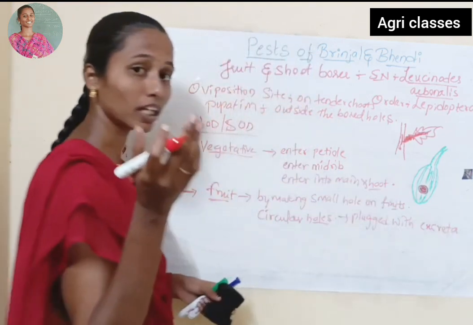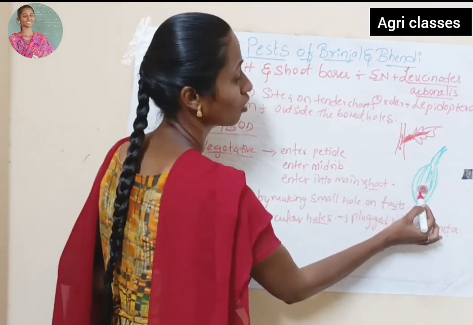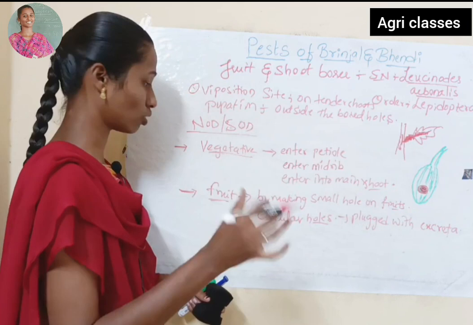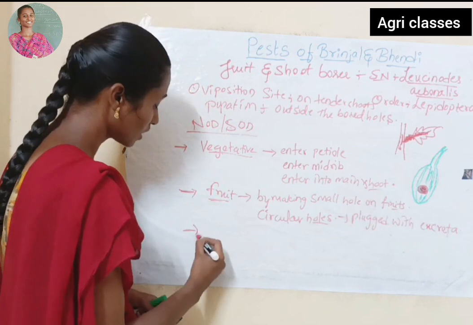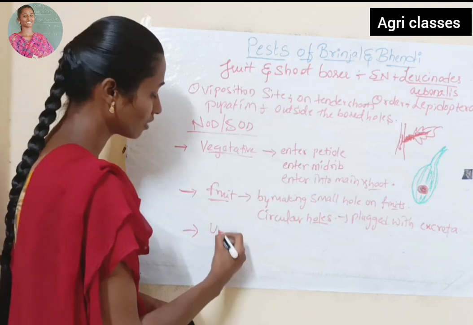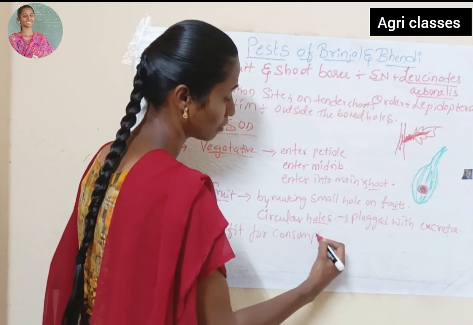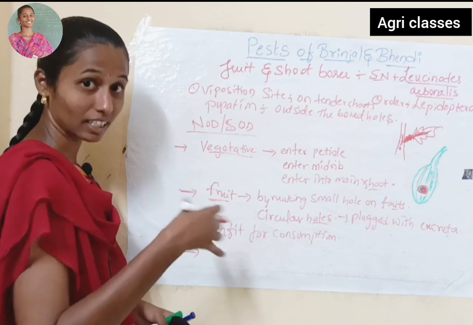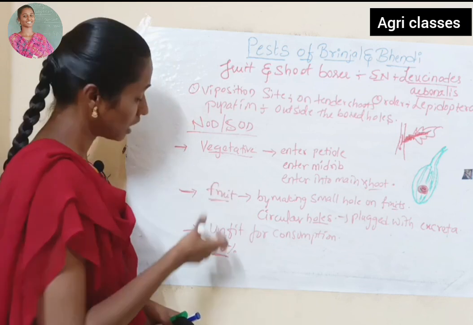You can also observe at your homes, when you are purchasing brinjal, if there is any hole on the brinjal, we can surely see the larva inside. They make circular holes plugged with excreta. And next thing, vegetables infested with the fruit and shoot borer are unfit for consumption, and their market value is reduced due to the attack of this shoot borer. They can infest the crop up to 70%.